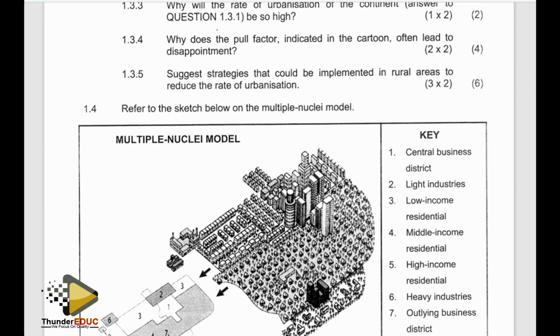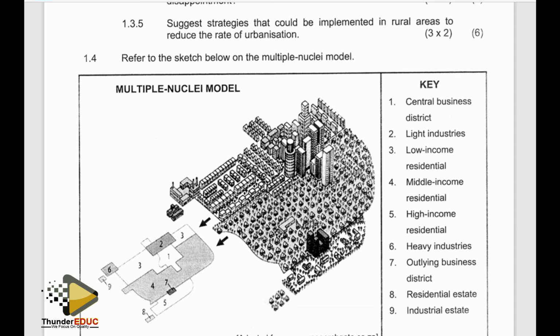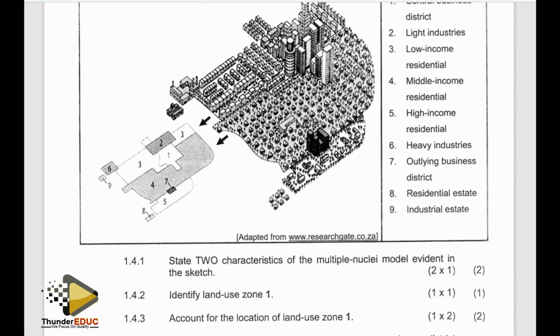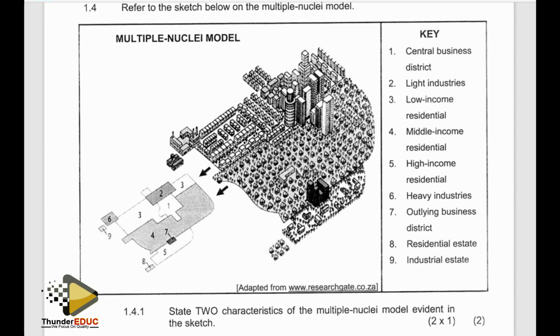If you check this model here, it's indicating the different land use zones that we find in the urban area, and here they are numbered according to this numbering system which is used on the sketch here, and the key is indicated here to show which land use zone falls in which sector, numbered as per the sketch indicated on the left of your urban area.